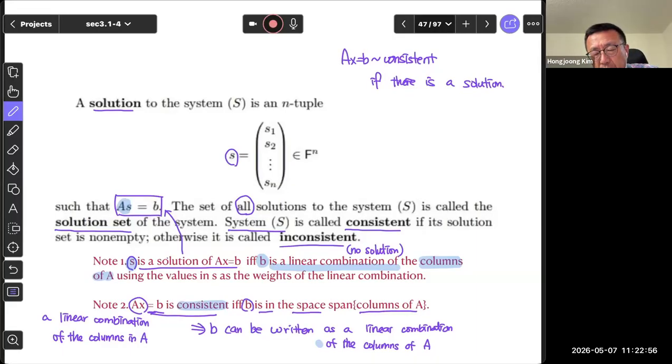Previously we considered the span of the columns of A, which generates a certain space. So if Ax equals b is consistent, then b belongs to that space.